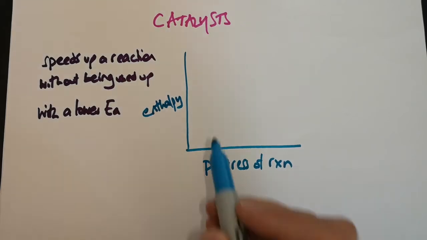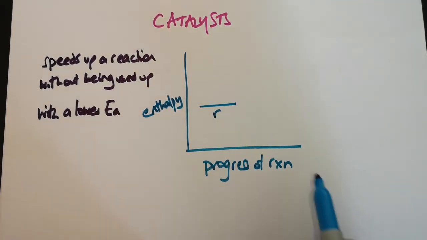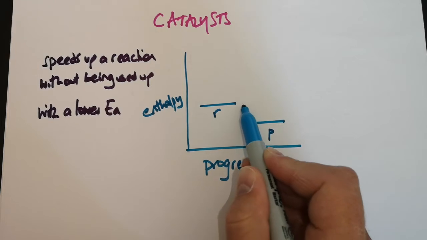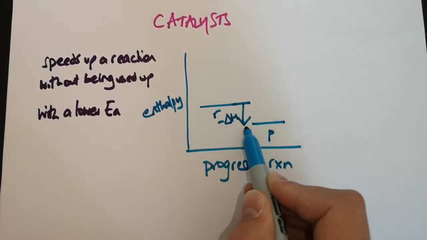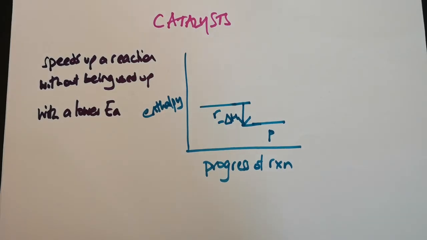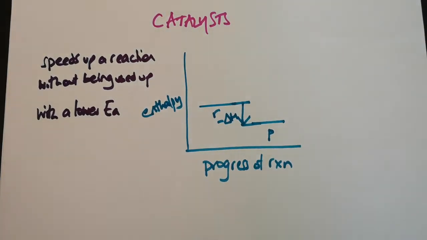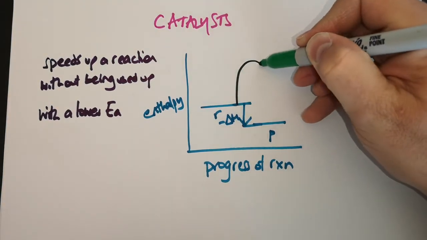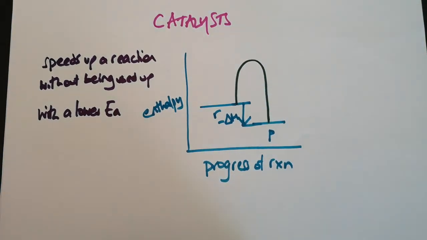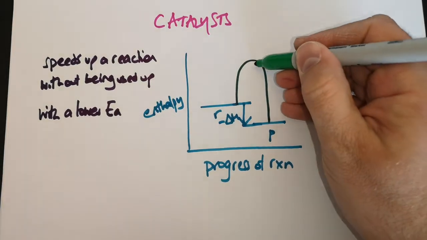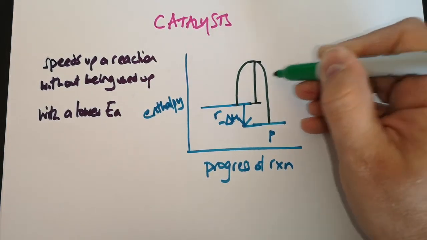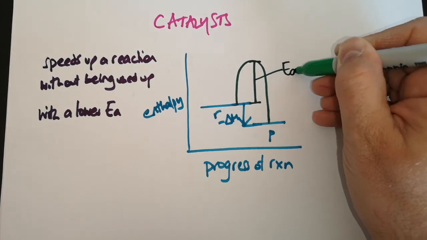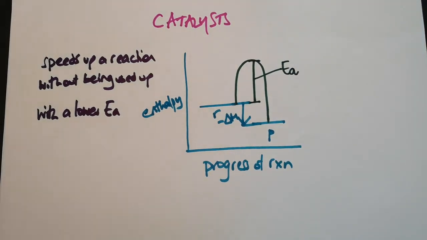If it's exothermic, we know that the reactants are going to be higher than the products because that gives us a negative delta H. But we also know that there's going to be an activation energy represented on that diagram by a curve, and the activation energy is then the difference between the reactants line and the top of the curve, which is EA.